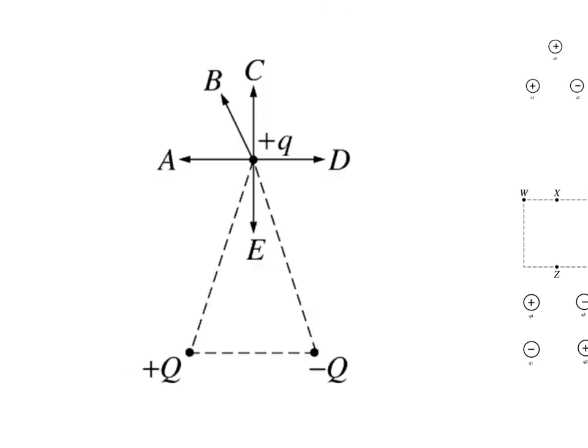So 19 is barely a variation on the previous one. Draw in the two vectors and then see if you can figure out which arrow shows the direction of the net force. So make sure you drew this correctly.